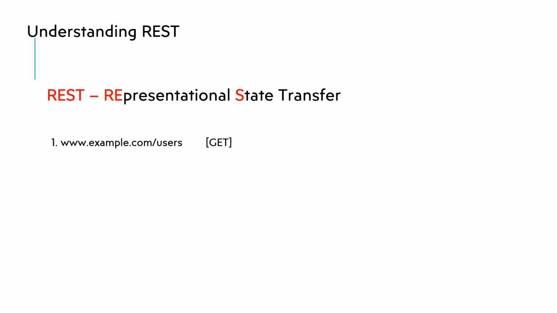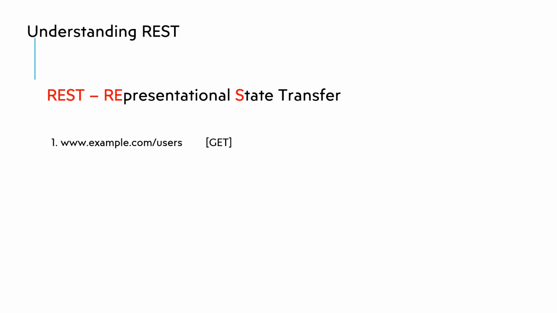But when you do some kind of manipulation or changes, that state will change. But don't be confused about REST. Just understand that when you talk about REST, you talk about resources, and the operations you are doing, like CRUD operations: create, read, update, delete, on resources.